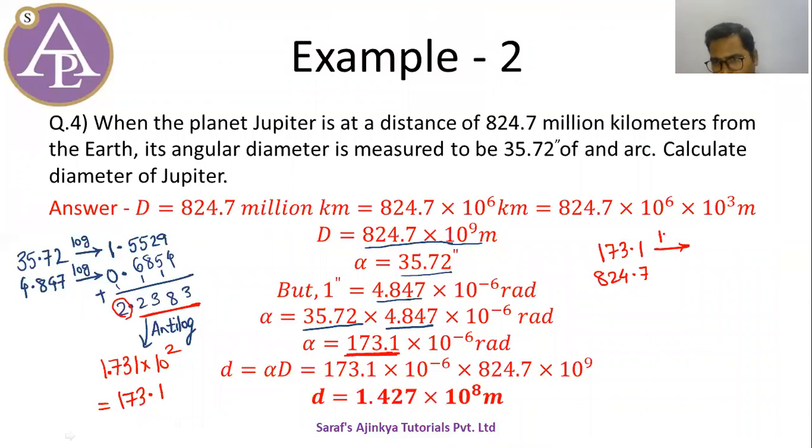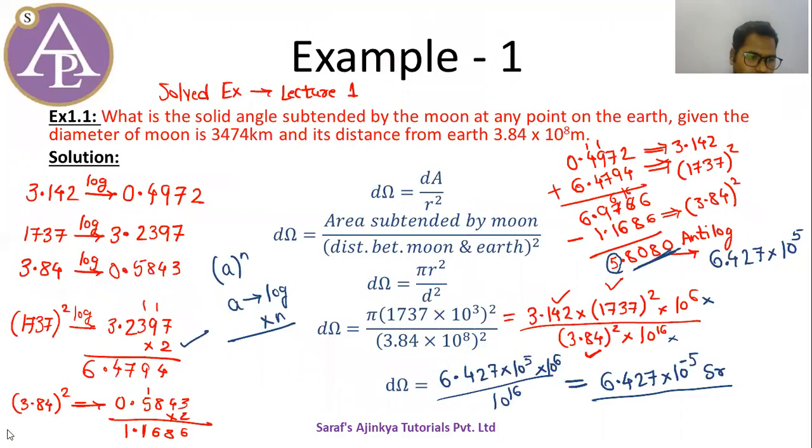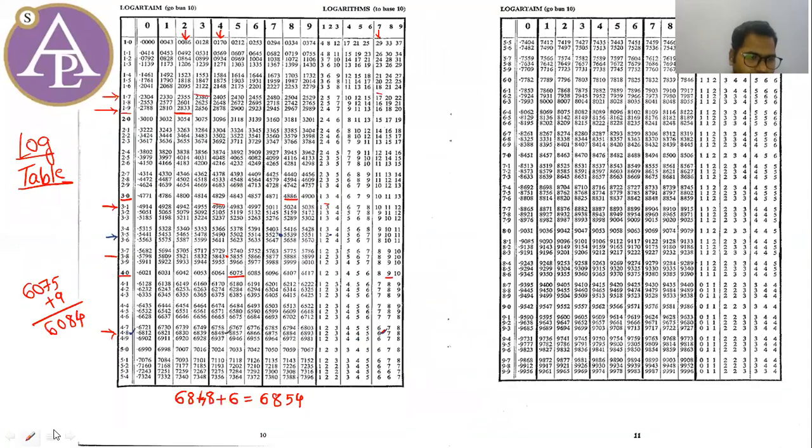So what is the log of this? Log of this will be 2 point, and log for this will also be 2 point. Now 1731, what is the log? So it will be opposite. So log will be 2.2383. You can also cross check it from log table. 1731. Okay.